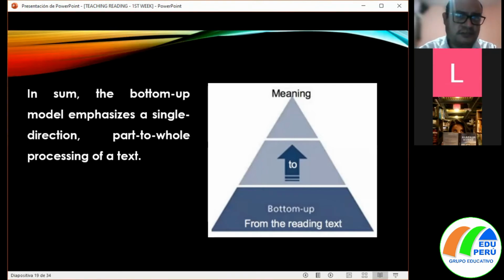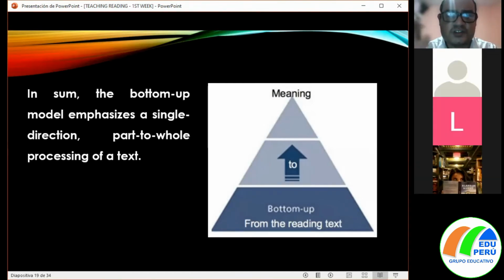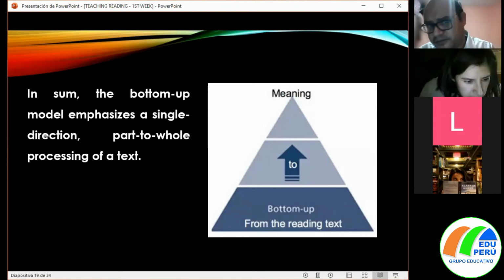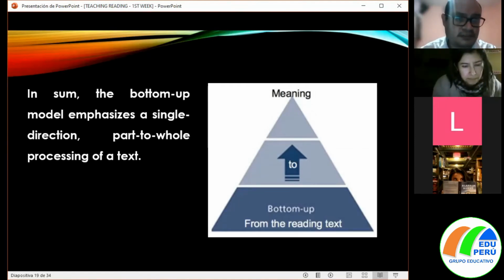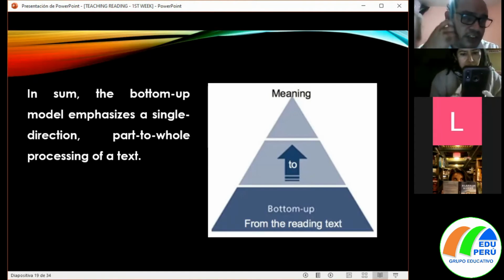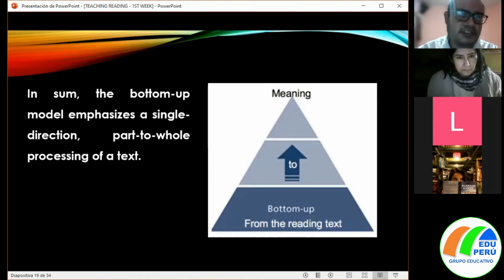First, you identify letters, recognize the spelling patterns and structures, and finally, you get to the meaning of sentences, phrases, and the text. From a part to a whole, all right? This is the bottom up. Remember this name, because when we talk about strategies and techniques, we're going to talk about bottom-up activities and top-down activities.